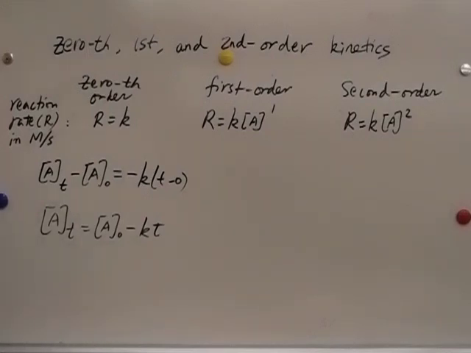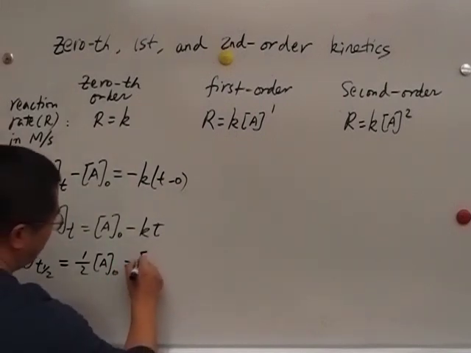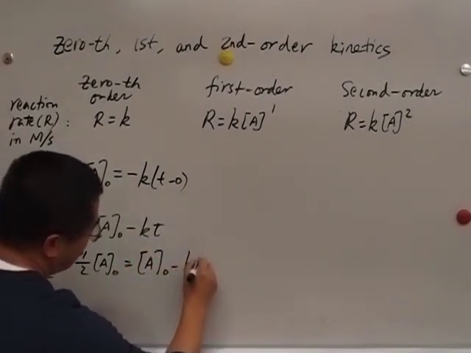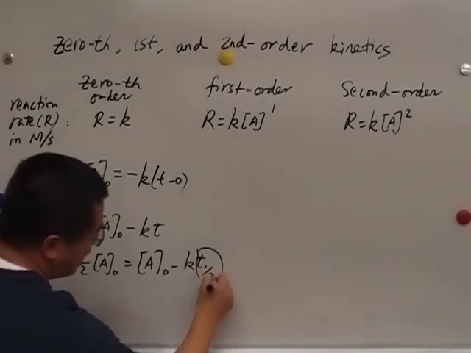And then we will derive the half-life for this A, the zeroth order reaction. So what does this mean, half-life? It simply means this guy is equal to half of the initial concentration of A. Therefore, again, this guy is half-life.